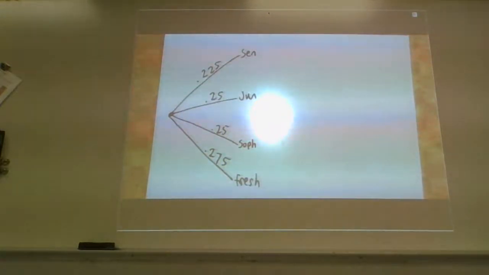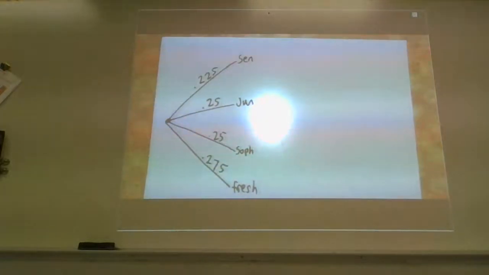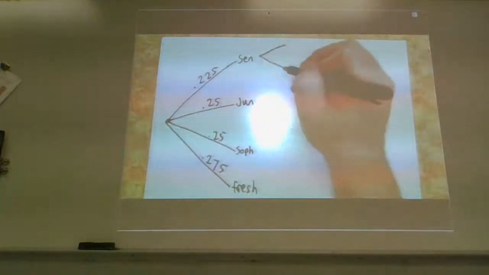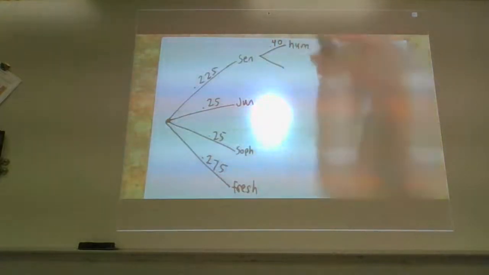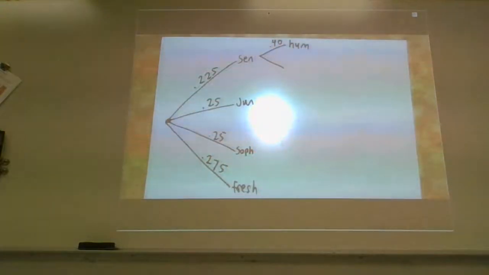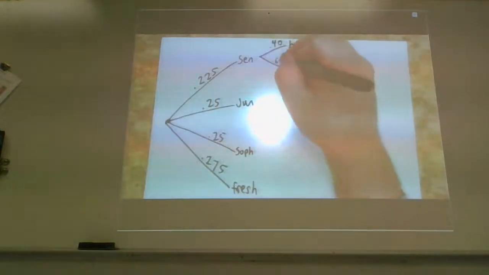Good for them. But then they said of the seniors, 40% were humanities majors, which clearly means 60% were other.